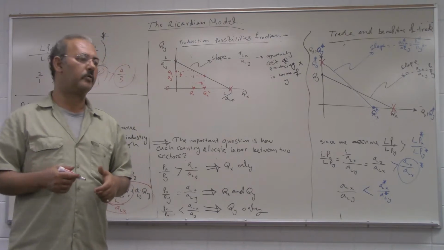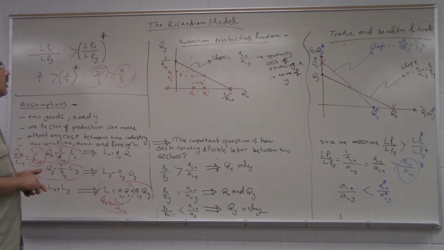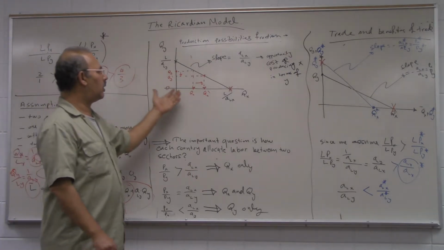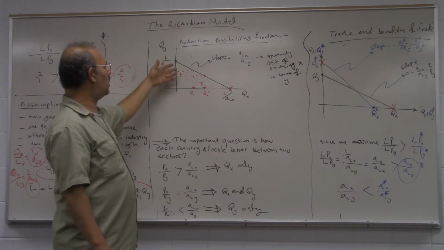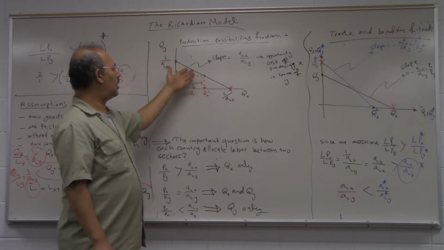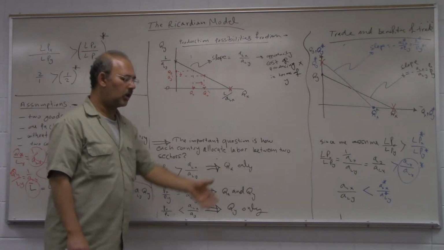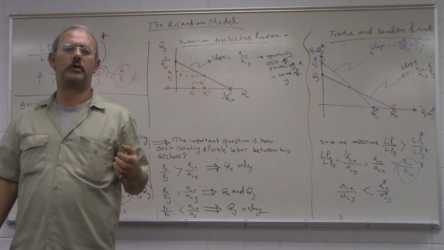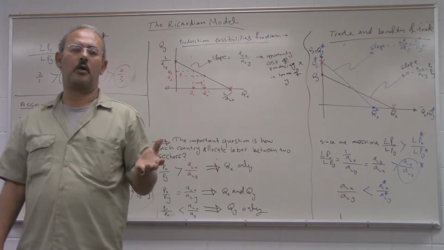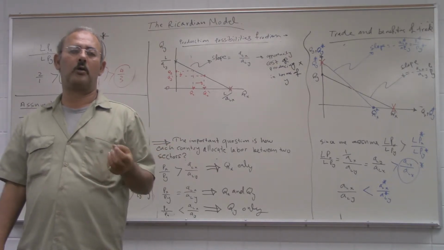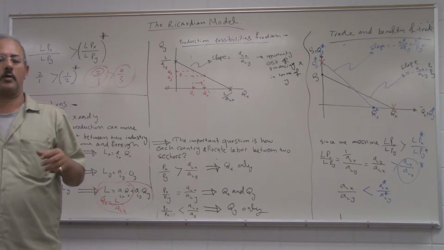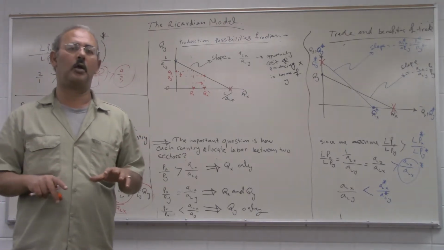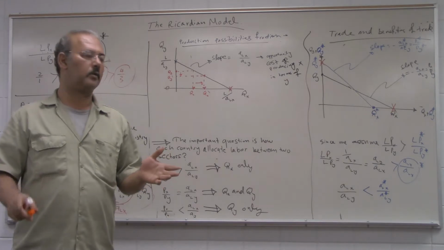We now know from the production possibility frontier that each country can produce only good X, or only good Y, or have many options, any point on the production possibility frontier curve we can choose. The question is what is the optimal point at which each country allocates the labor between the two industries.